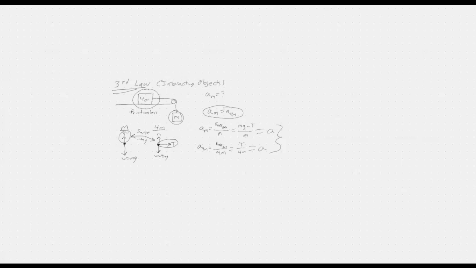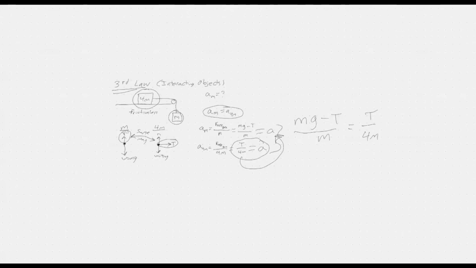So for example, I could take from this bottom equation my knowledge that a is equal to T over 4m, put T over 4m where a goes. And in that case, I could potentially solve for some things. I could solve for the tension, for example.